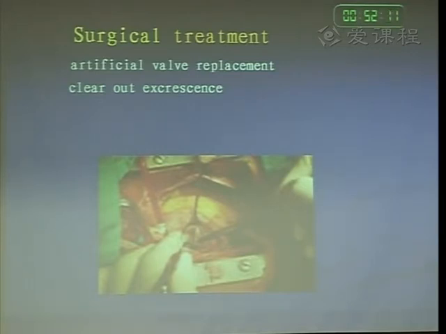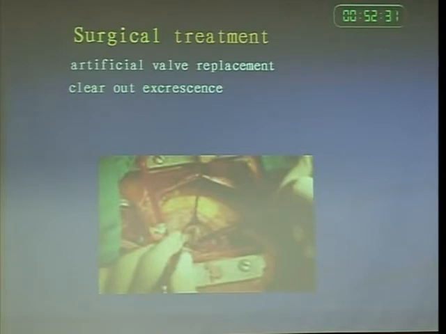We cannot use medicine to keep a good condition. So we need to replace the valve with an artificial valve. And that way we can clear out the excretion.